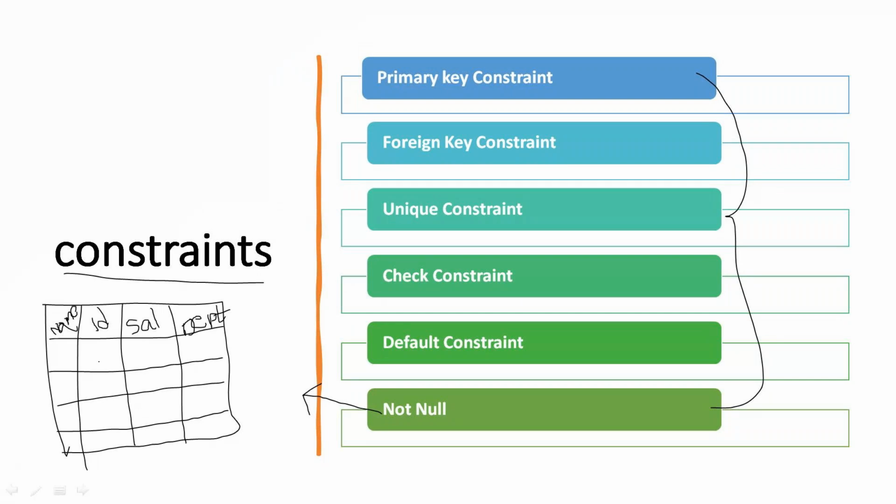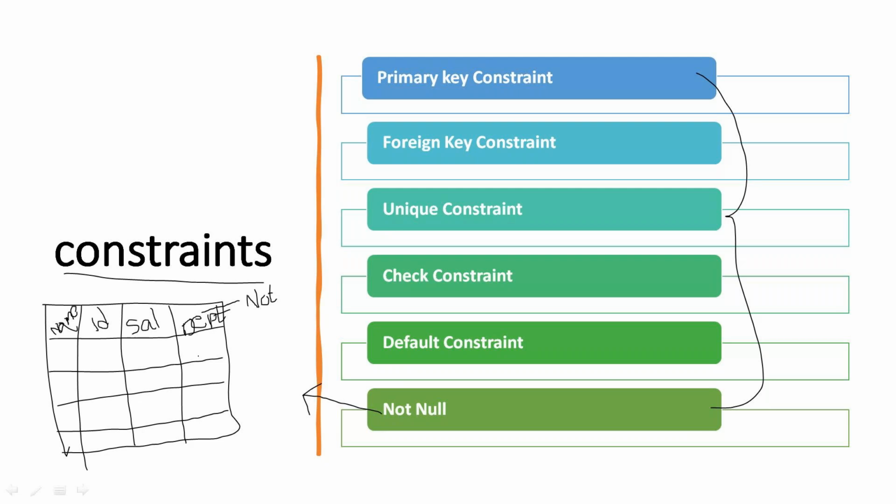Okay, now if I take not null on top of this one, or else the department table. See, on top of this column, I have taken not null. So what happens here? Whatever data you are inserting into this column should not be null.